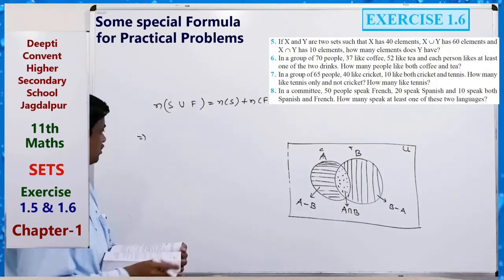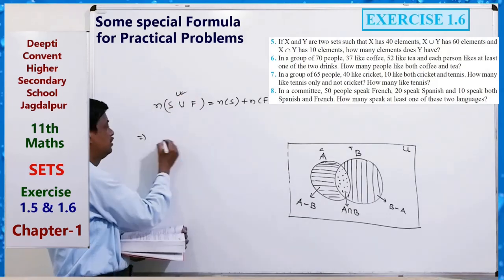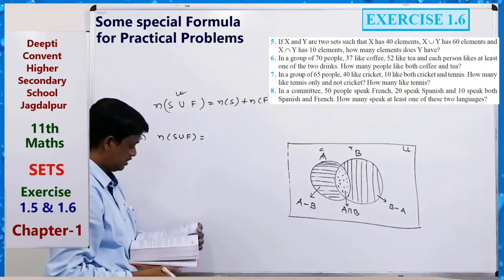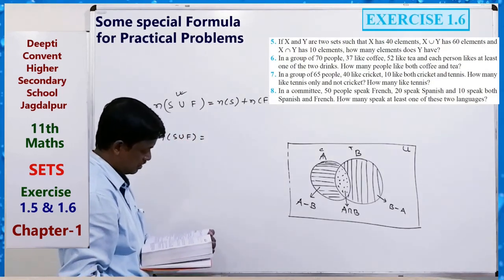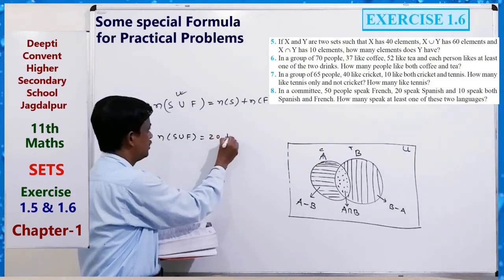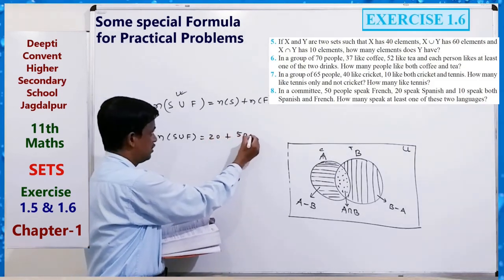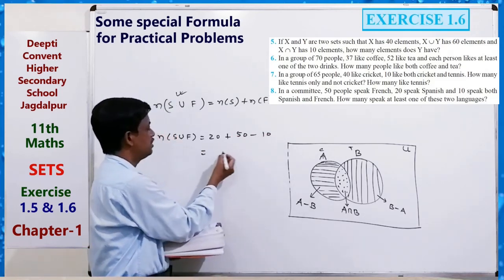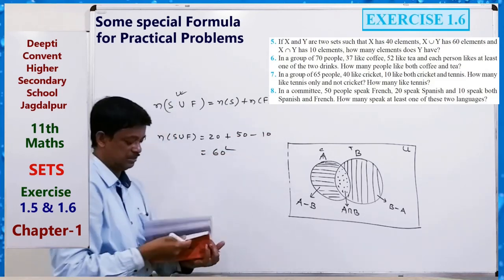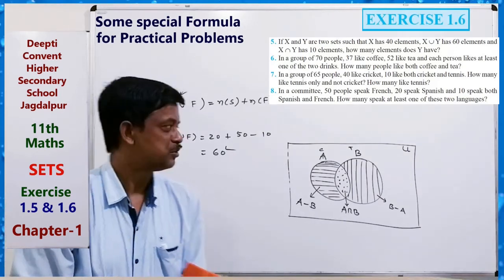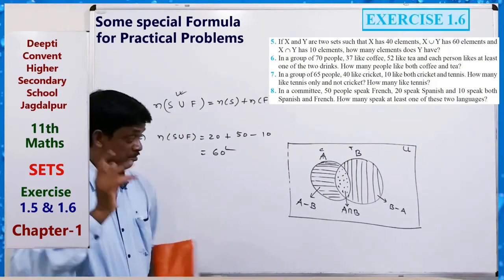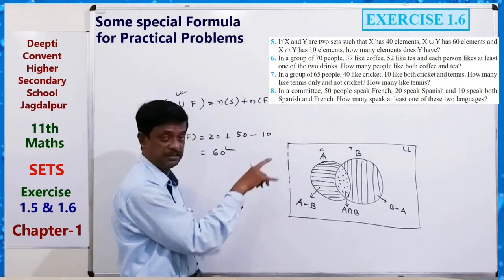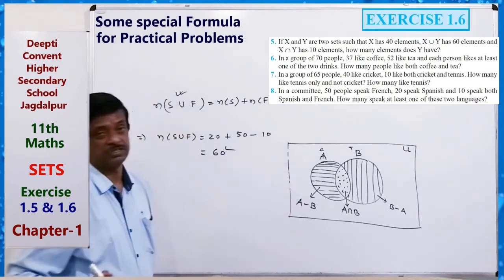N(S union F): N(S) is given as 20, N(F) is 50, and both is 10. So 70 minus 10 is 60. 60 is the answer. Very simple exercise. Remember the two formulas or this diagram, and by using that you can solve this type of question.